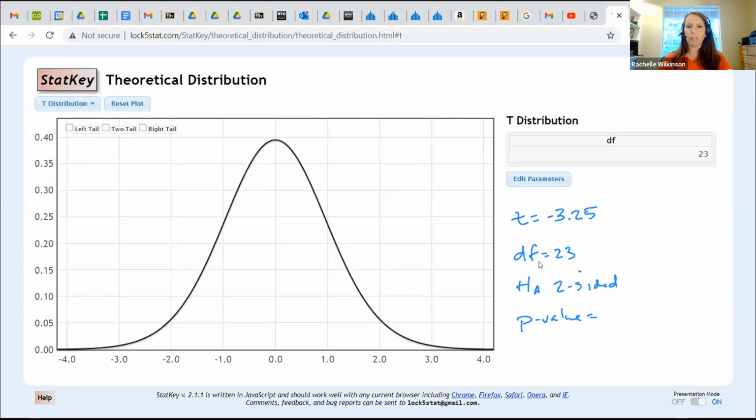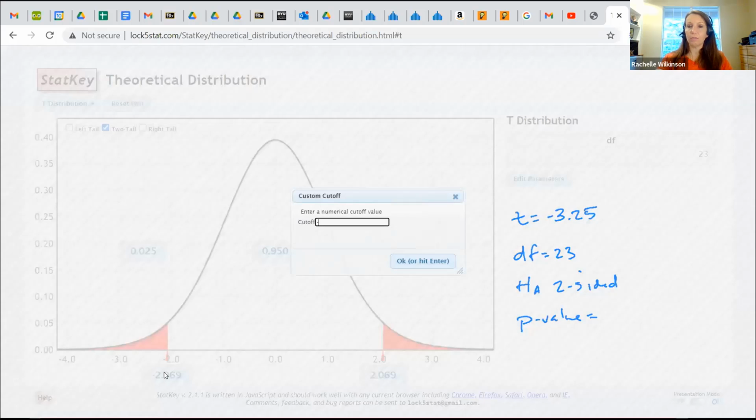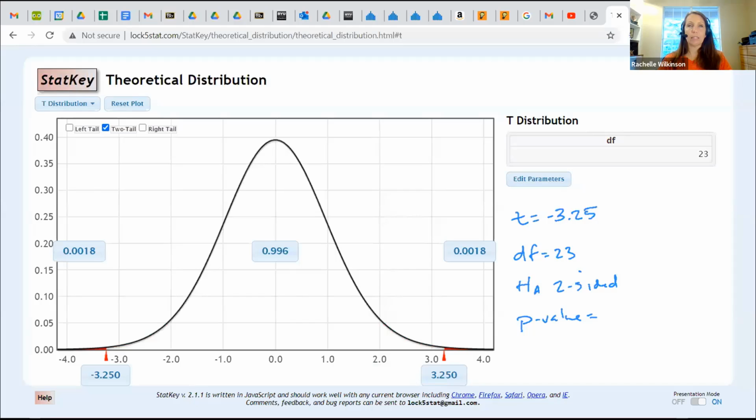Okay, once I have my 23 degrees of freedom, since I have a two-sided test, I can click on two tail, and then I need to enter in the value of my test statistic. So my test statistic was negative 3.25. That would fall on the left side of my axis here. So I'm going to put it in the bottom left box, so negative 3.25. So if the test statistic is negative, put it on the left.